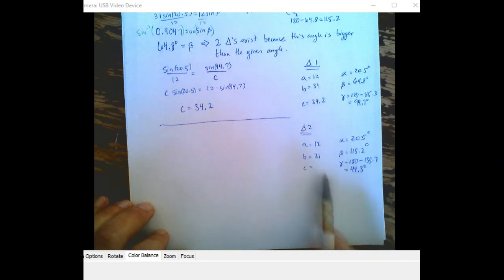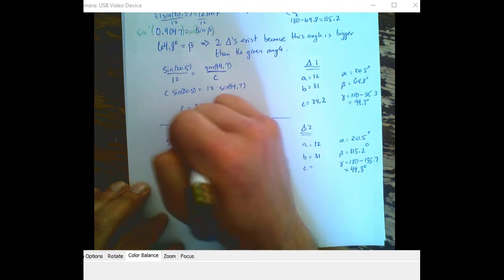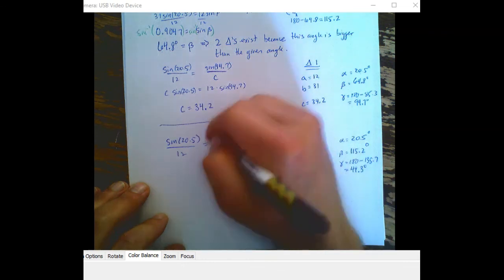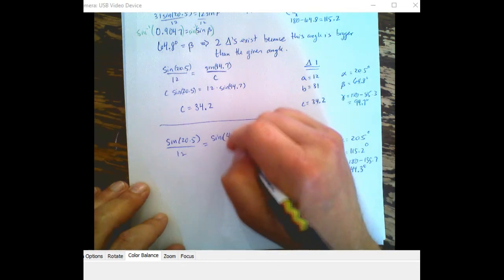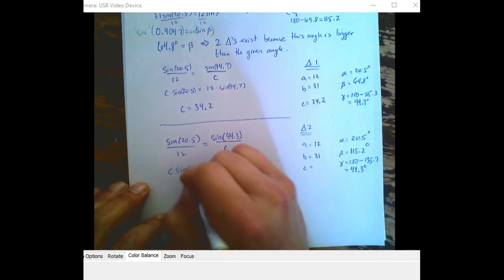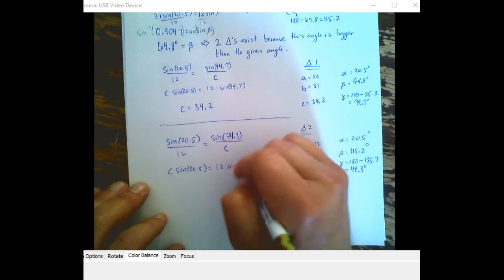For this one, we're going to have to use a different angle because our gamma angle is different here. So sine of 20.5 over 12 equals sine of the new gamma angle, 44.3, over c. So c sine 20.5 equals 12 sine 44.3.